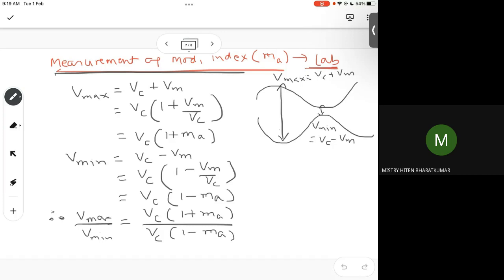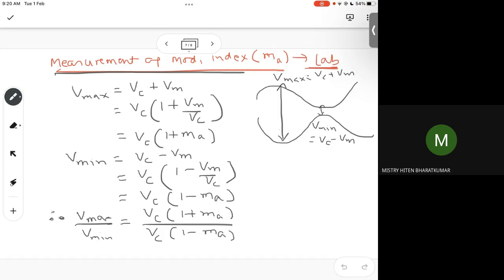Okay. So what I was saying, I could not trace out the problem. I just rejoined. For the measurement of the modulation index, which will be your lab number 2, we measure modulation index in a different form. We can define Vmax as Vc plus Vm, which I can rewrite as Vc times 1 plus Ma, because the maximum amplitude for 100% modulation is twice Vc when Vm is equal to Vc.